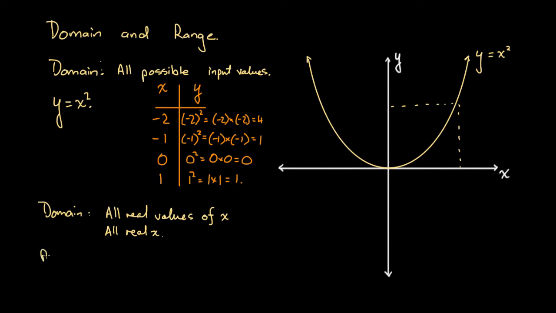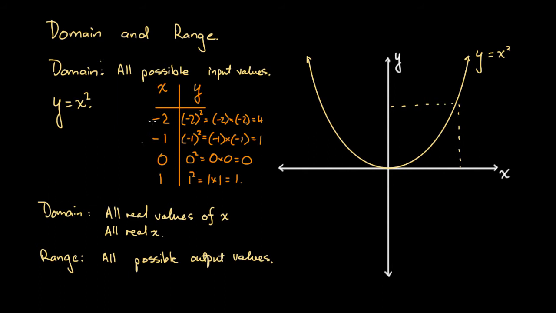Okay, well let's consider the range. So the range of a function is defined as the set of all possible output values. All possible output values for a function. Another way of saying this is all possible y values. So when we input x values, the y values are the output values.